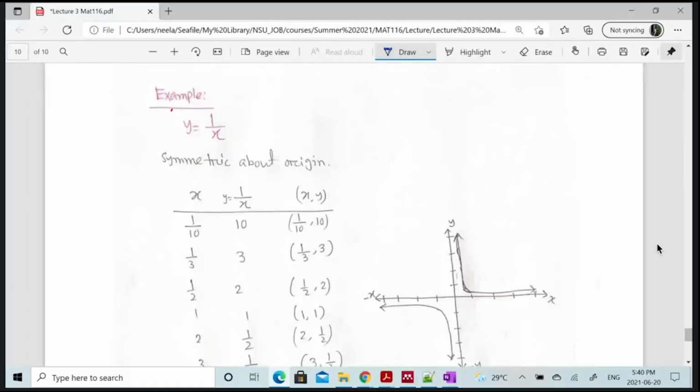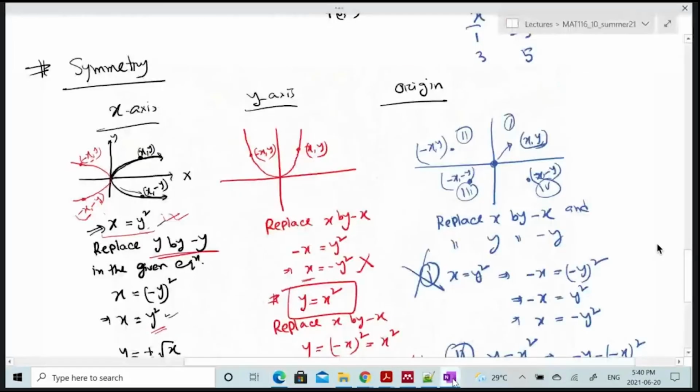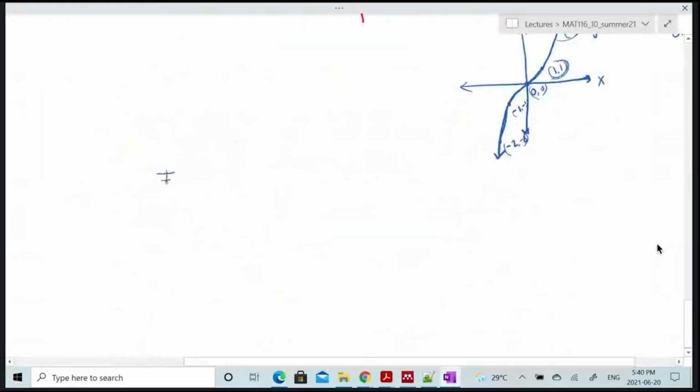Remember I told you at the beginning that we might have a function which does not have any intercepts. Let's see quickly. Say I give you an equation like y equal to 1 by x, and you will see it doesn't have an intercept. For the x-intercept, if you put y equal to 0, you are going to have 1 by x equal to 0.